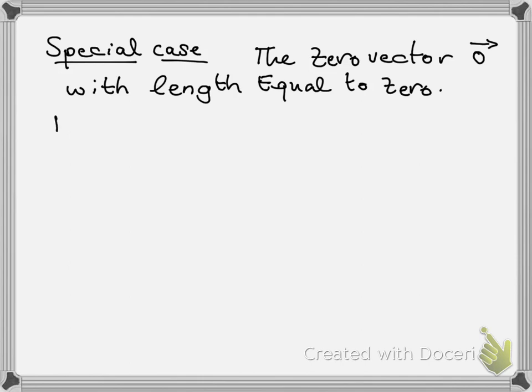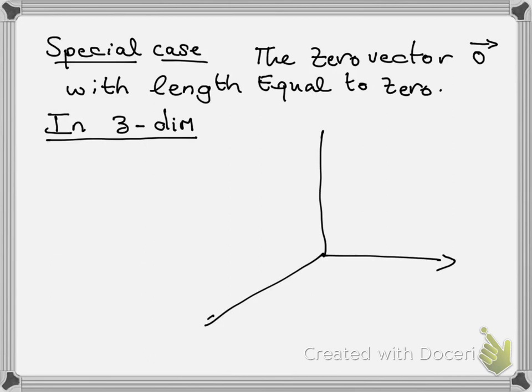Okay, now in three-dimensional space, let's say you have 2 points. We are in three-dimensional space, so this is x, this is y, let's say this is z, and here's a point A with coordinates 1, 0, 2.